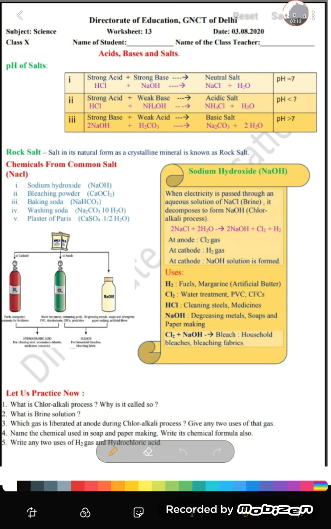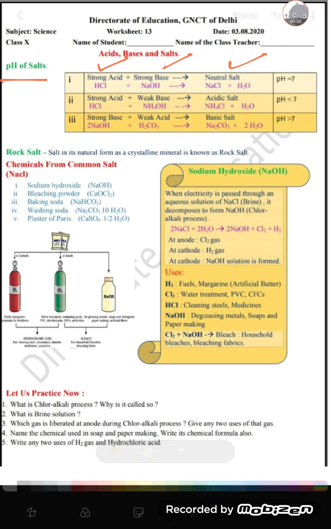Students, today we will discuss pH of salt. The pH of a salt is based on the nature of the acid or base. If the acid and base are both strong, the salt is neutral. First example: strong acid and strong base combine to form a neutral salt.